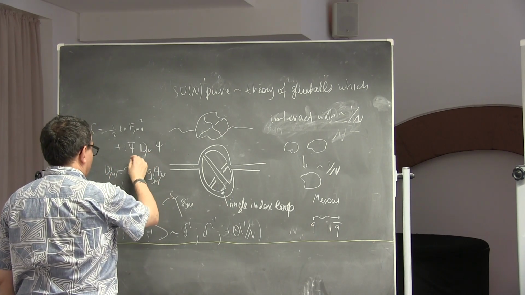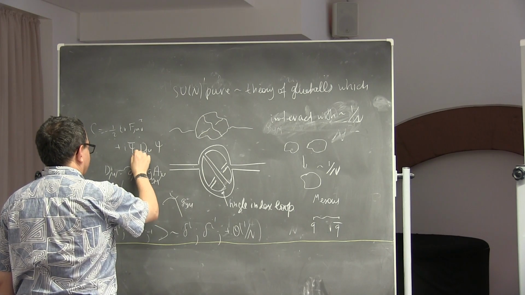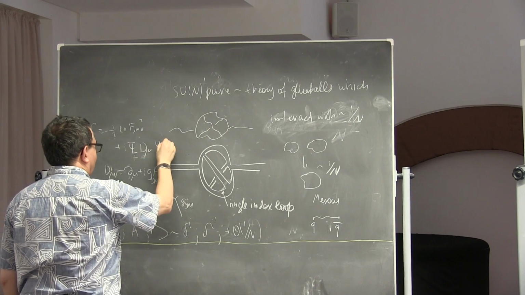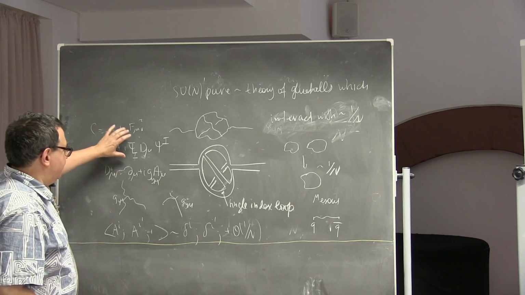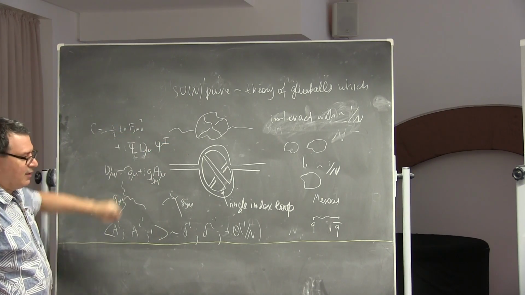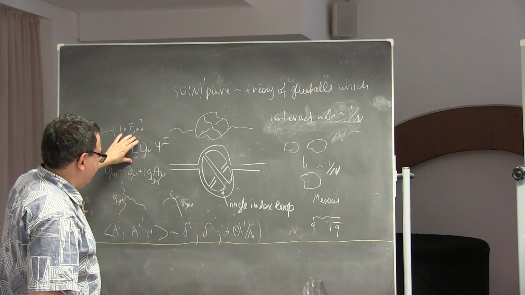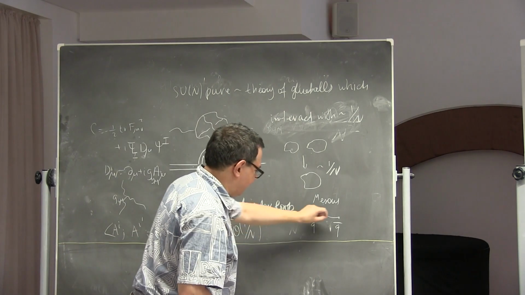There will be some flavor index, let's call it I, so there will be some number of these flavors of Dirac fermions. These are just the light quark fields, and they create endpoints of these flux lines.